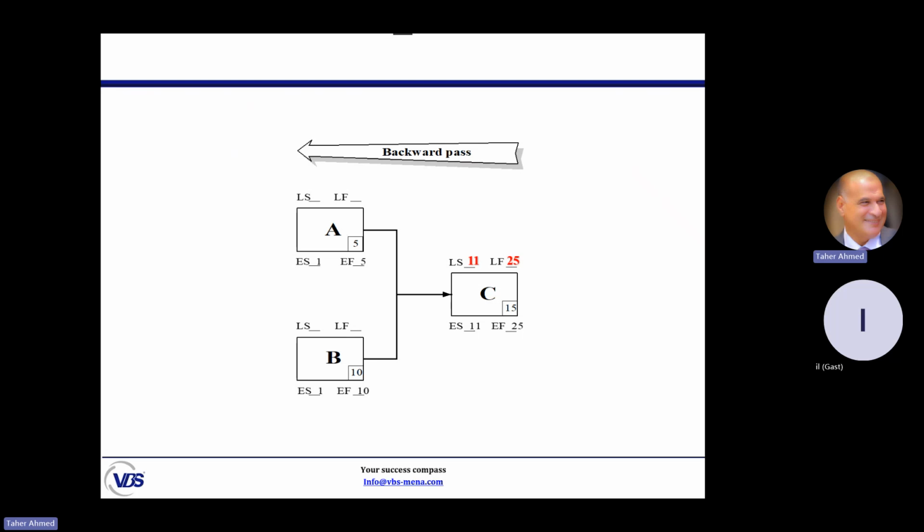Now we have completed the late start and late finish for C. It's time to move from C to A and B. I need to logically determine the late finish of A and B together. How can I calculate it? Let's do it together. The late start of C is day 11.